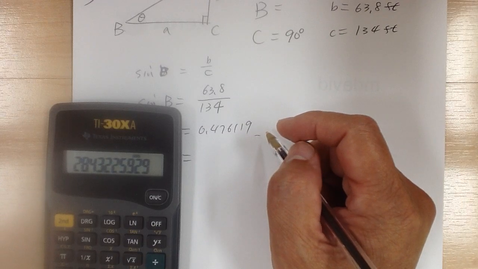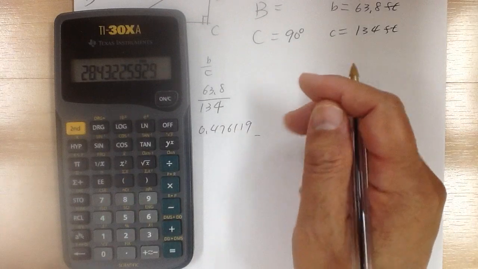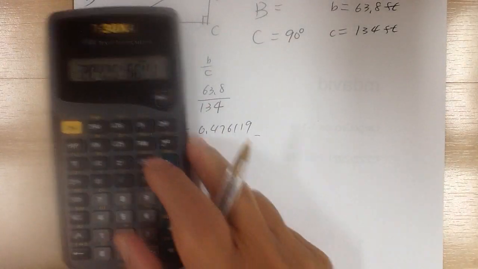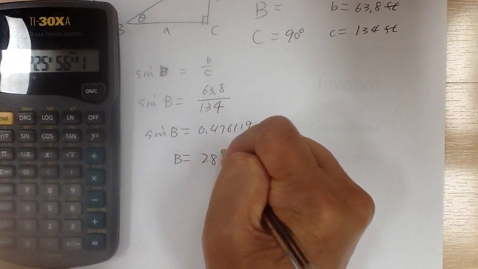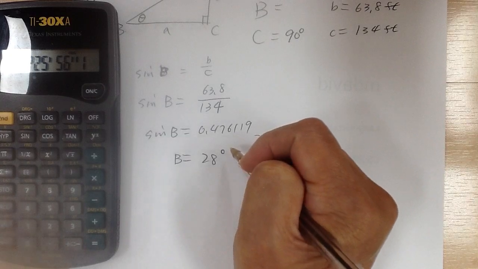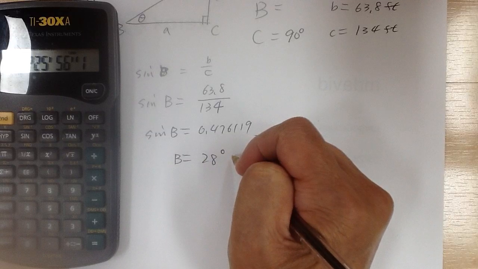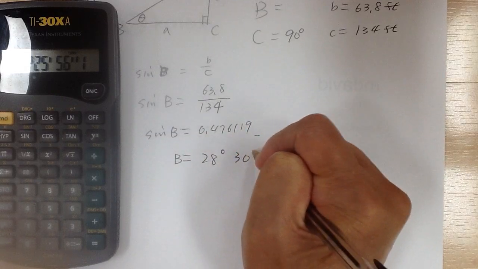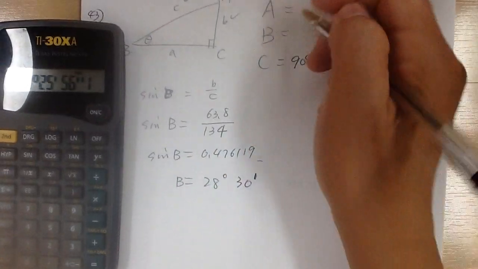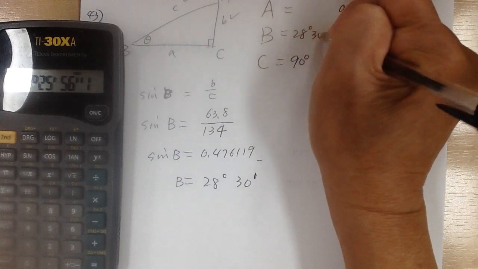But they want you to use DMS, so you have to convert to DMS. So second DMS, equal to 28 degrees and 25 minutes. The nearest 10 minutes would be 30 minutes. So this would be 28 degrees and 30 minutes.